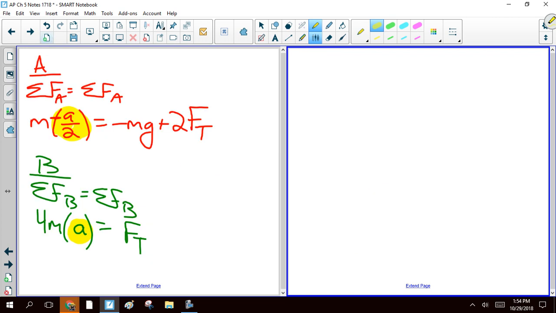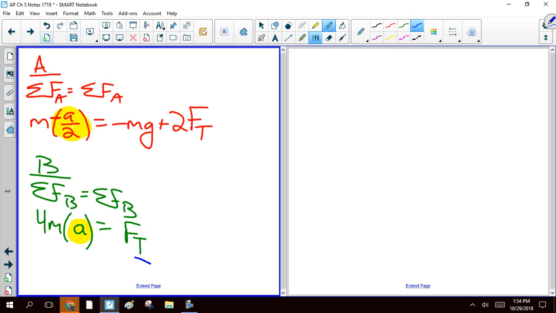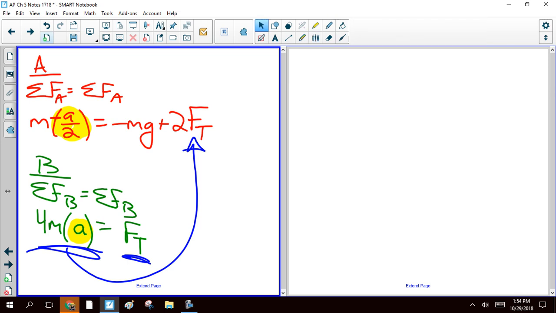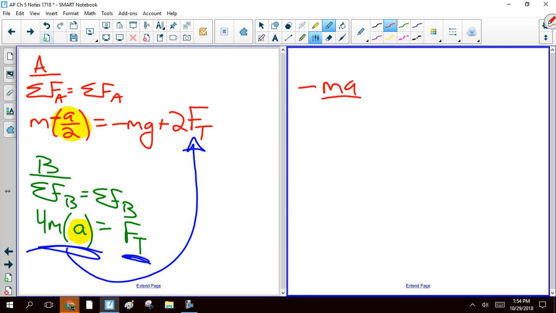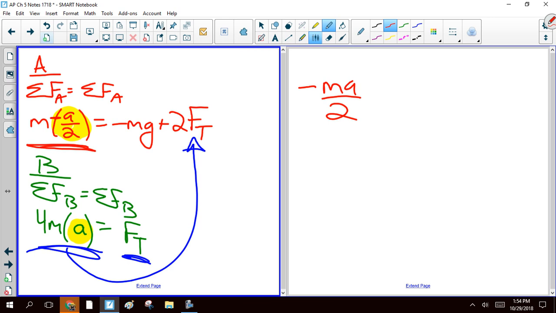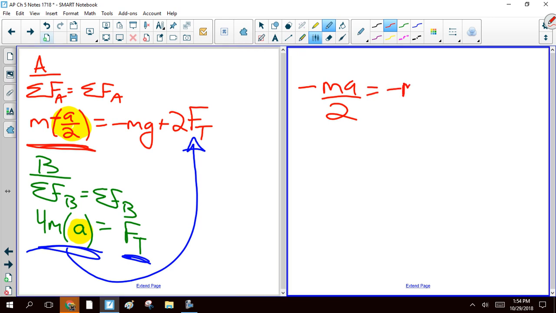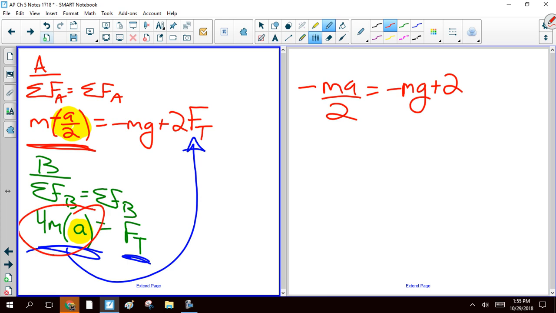All right, so let's see. I'm going to substitute. I know Ft is equal to 4ma, so I'm going to replace Ft with 4ma. So that red equation then becomes negative ma over 2, right? That's this mess, equals negative mg plus 2 times this.